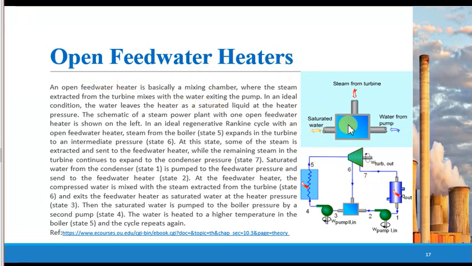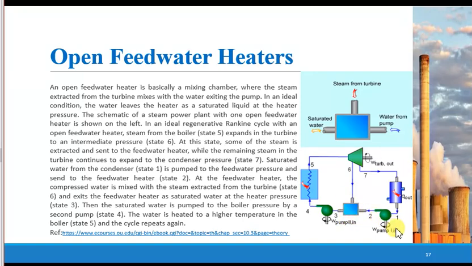You can see in this diagram that at point 6 we bleed the turbine here and take the steam from here, which enters this open feed water heater.